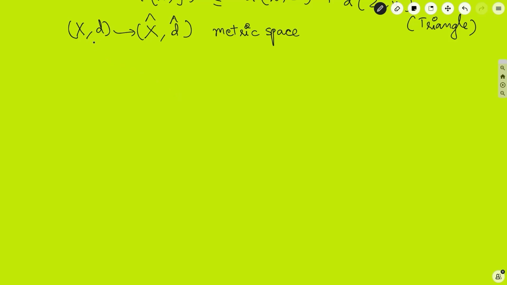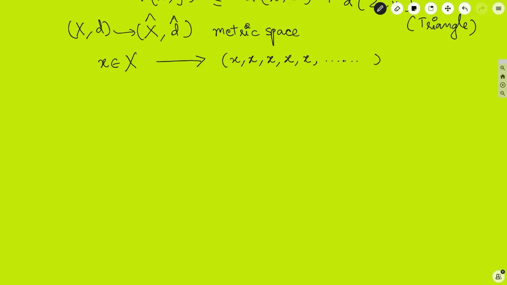If you pick a point x from our original space X, you can map it to another point here. What are the points in this space? These are all Cauchy sequences. So the best way to create a sequence is a sequence where every term is the same, x.